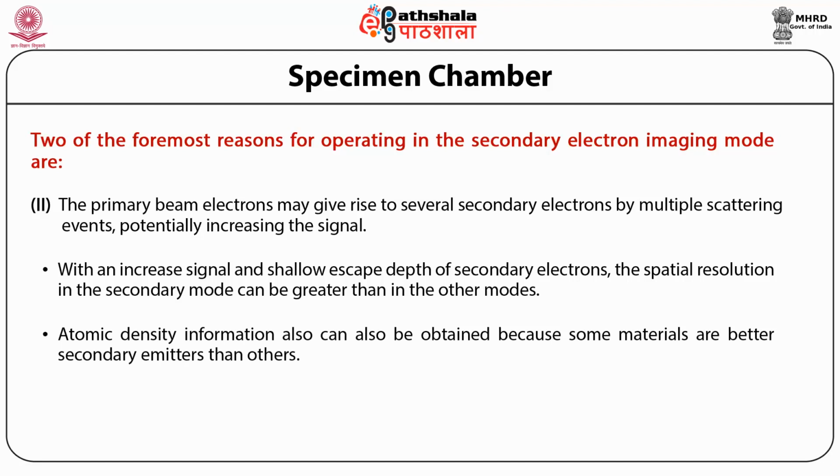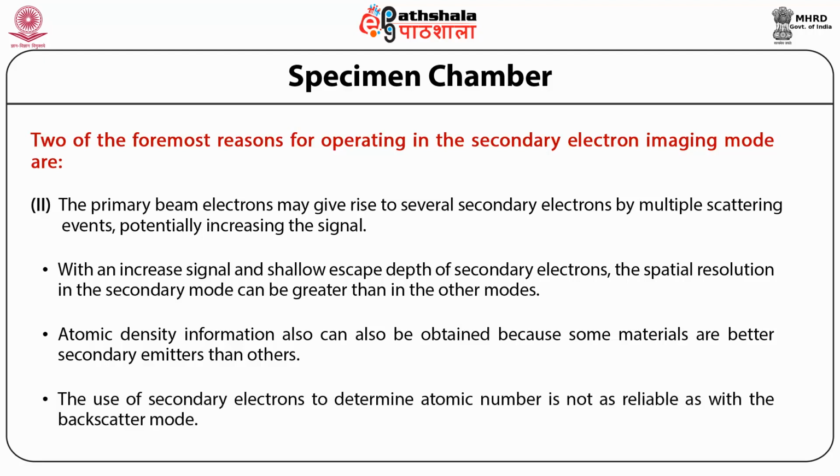Atomic density information also can be obtained because some materials are better secondary emitters than others. The use of secondary electrons to determine atomic number is not as reliable as with the backscatter mode.